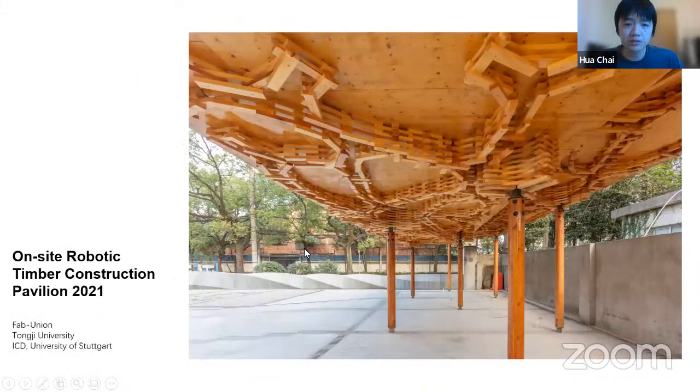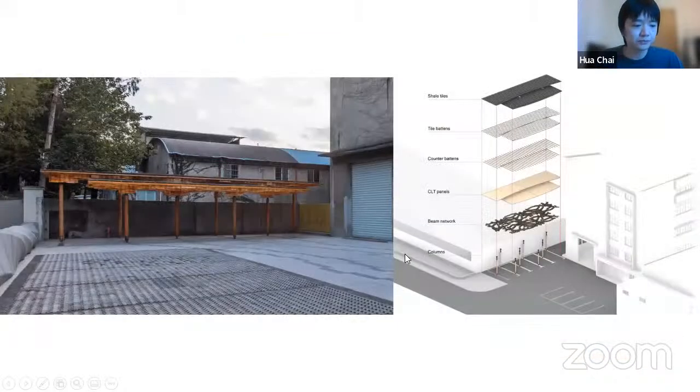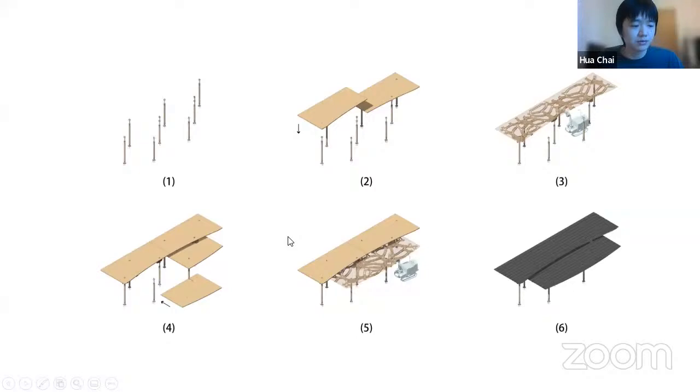With this system design, we built this case study last year as a demonstrator of the proposed system. It is also a collaboration with Fabrication and ICT Stuttgart. The pavilion consists of 2 CLT roof panels supported by 8 columns, and the above-mentioned beam networks are designed under both roofs to enhance the load-bearing capacity of the CLT panels.